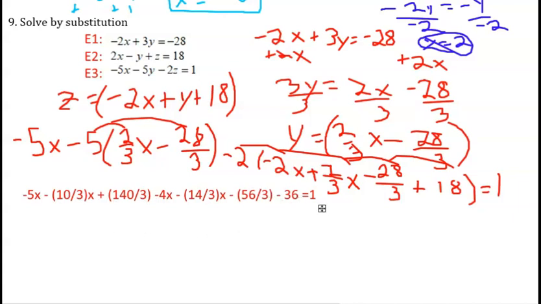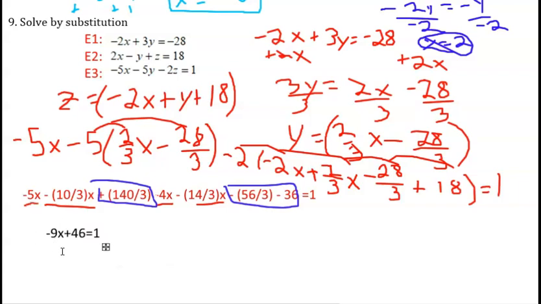Combine the like terms. So then you get negative 9x plus 46 equals 1.